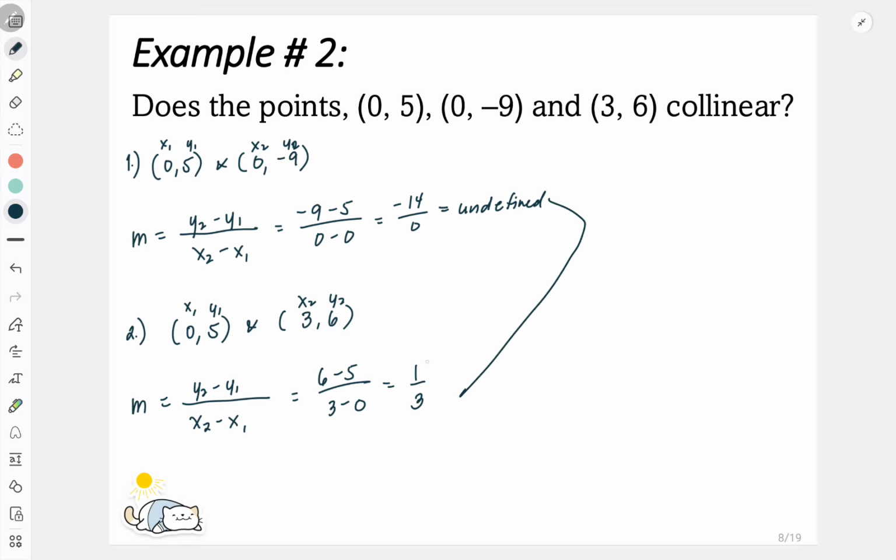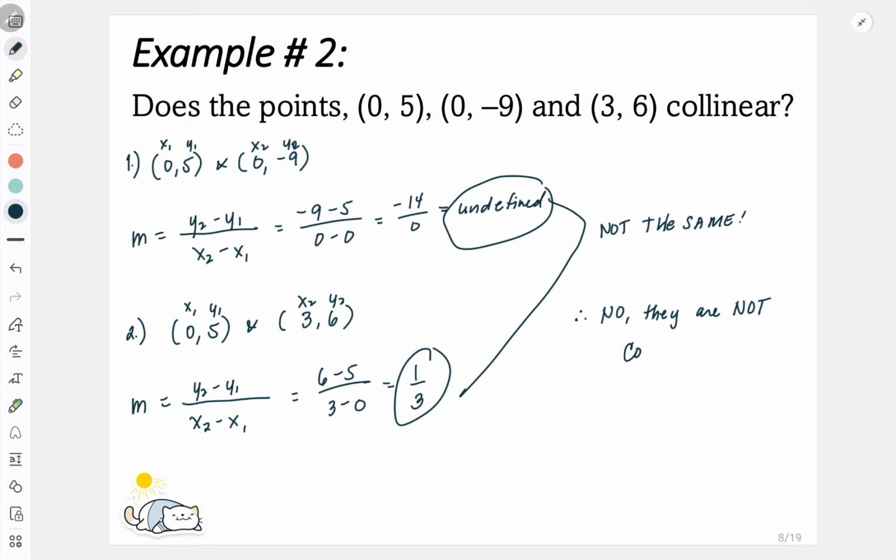And take note that these two slopes are not the same. So since they are not the same, therefore, no, they are not collinear. This would be the answer to this question.